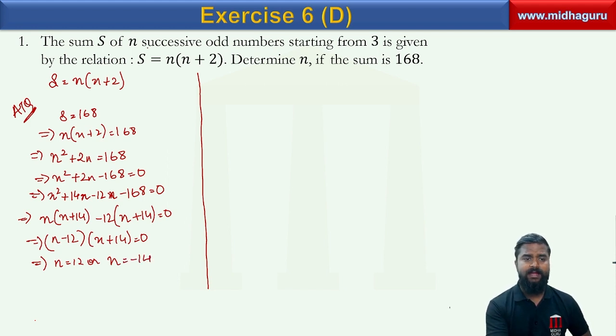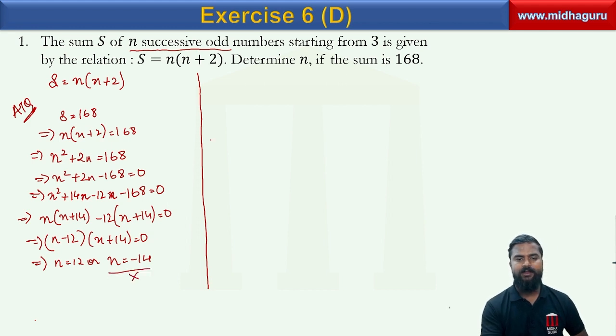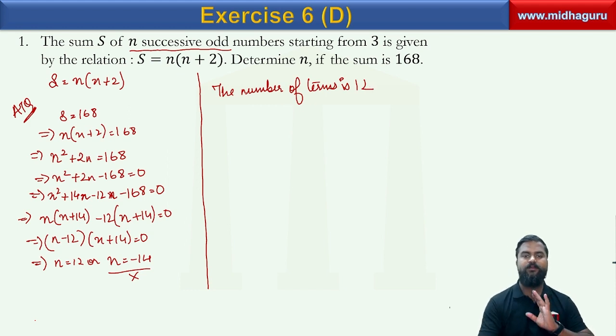Since we began with n being the number of terms, we know it cannot be negative. So the number of terms is 12. So this is how we'll solve miscellaneous problems of exercise 6D.